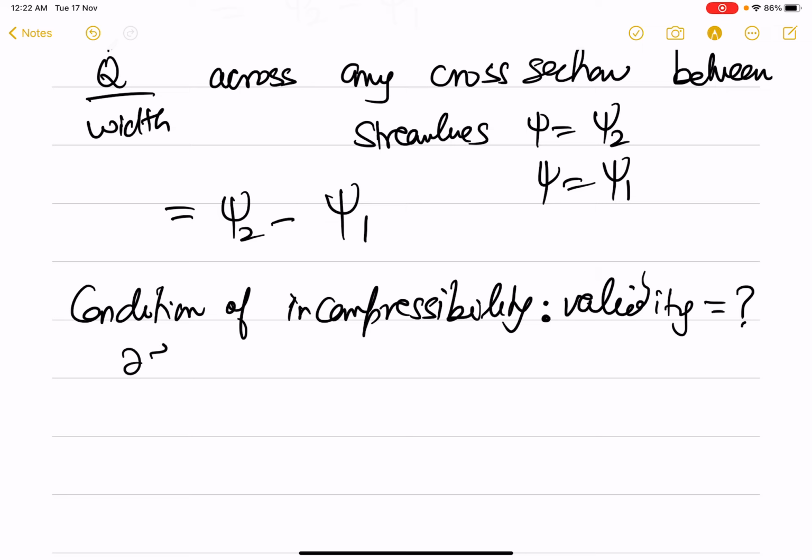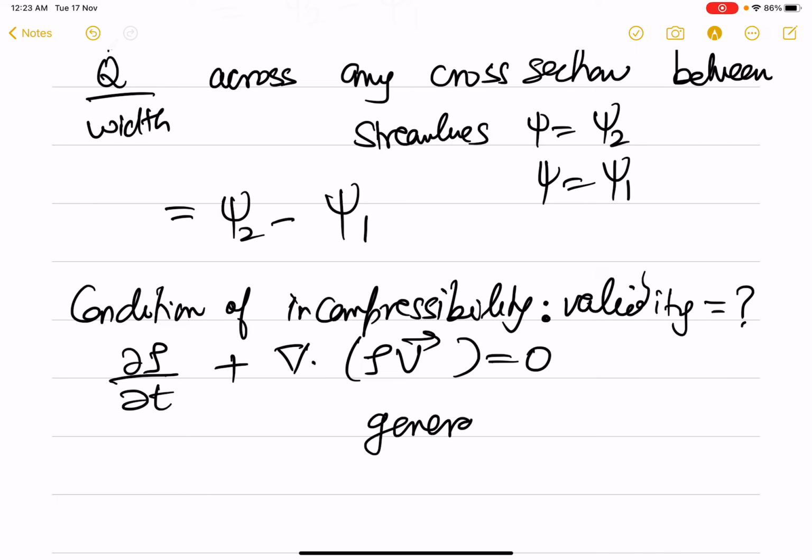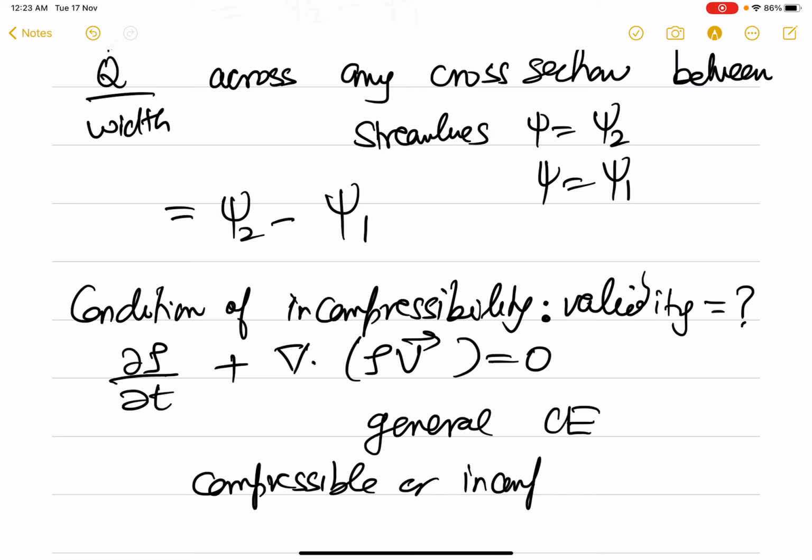Now our equation is partial rho by partial t plus del dot rho v is equal to 0. This is the general continuity equation valid for compressible or incompressible flow.